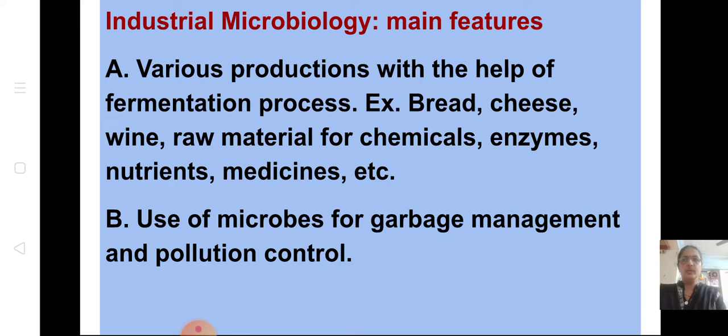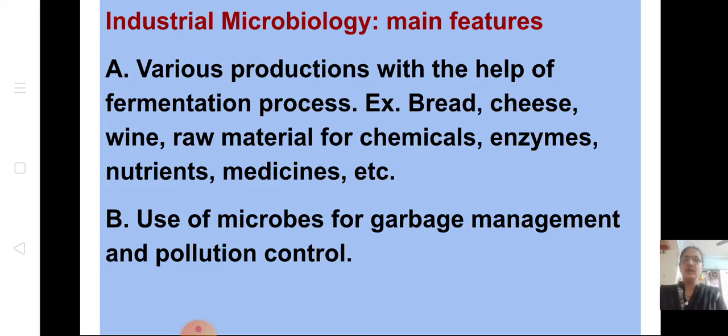We are going to learn about bread production, cheese, wine, raw materials for chemicals, enzymes, nutrients, medicines. All these come under the fermentation process. Fermentation with the help of what? Microorganisms. The next thing we are going to learn is the use of microbes for garbage management and pollution control. This all comes under industrial microbiology.